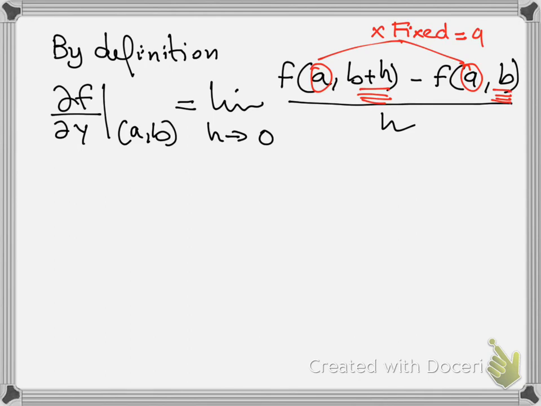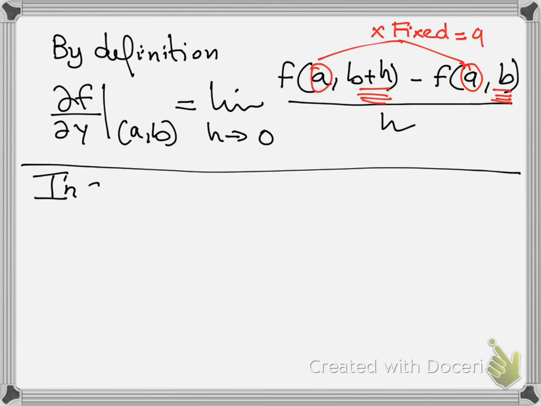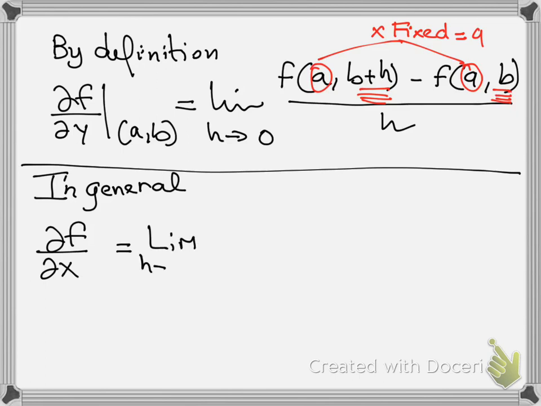So this is at the point (a, b), but in general, the partial f, partial x, the derivative of f with respect to x at any point (x, y), where (x, y) is not fixed, will be equal to the limit as h goes to 0.